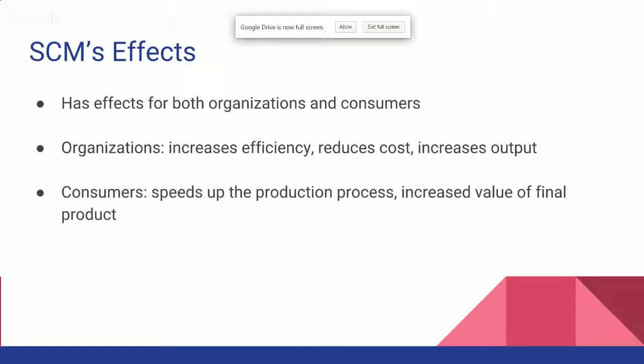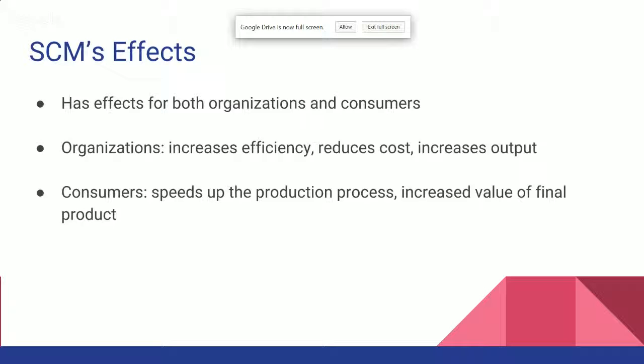Some of the effects of supply chain management include effects for both the organization and the consumer. With regards to the organization, it can increase efficiency, reduce costs, and increase output.